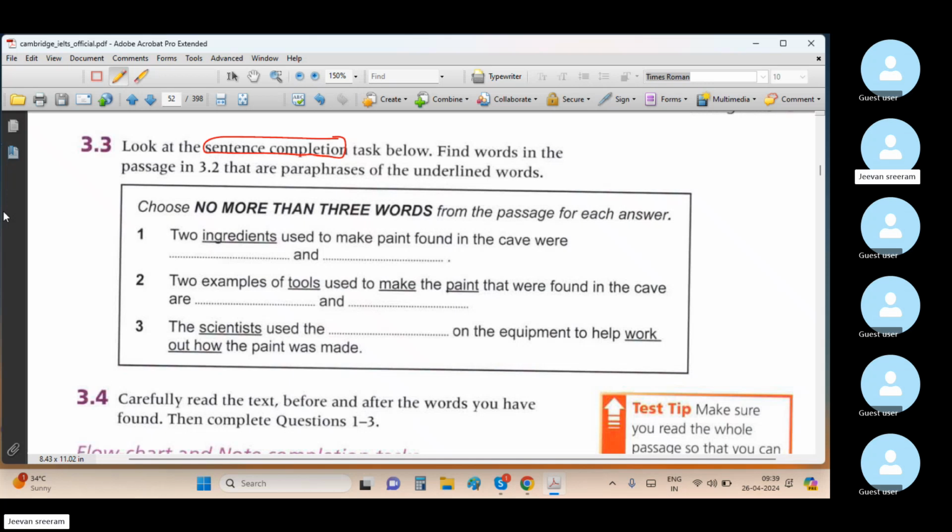You can write 1 word as an answer, 2 words, up to 3 words for each blank. Okay.